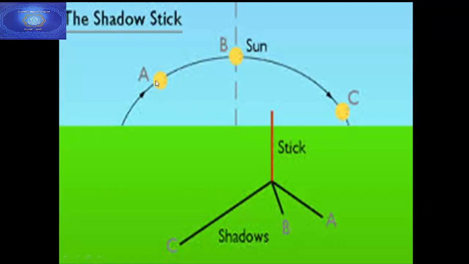If the sun position is here at A, the shadow forms on the opposite side of the sun. Sun position B, shadow opposite. C, the shadow forms on the opposite side.